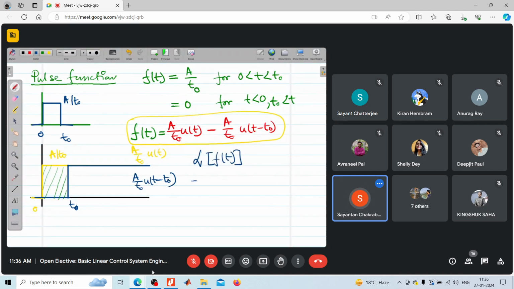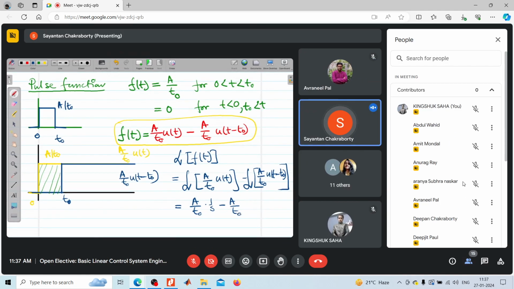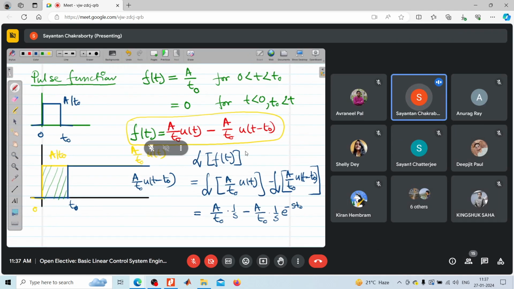Laplace transform of f(t) will be Laplace transform of a by t0, which is a constant, u(t), minus Laplace transform of a by t0 u(t minus t0). So that will be equal to a by t0 times 1 by s, minus a by t0 times 1 by s e to the power minus s t0, because of this.